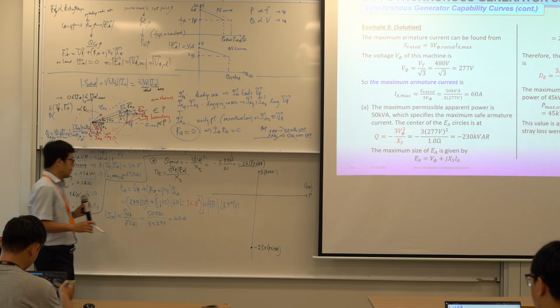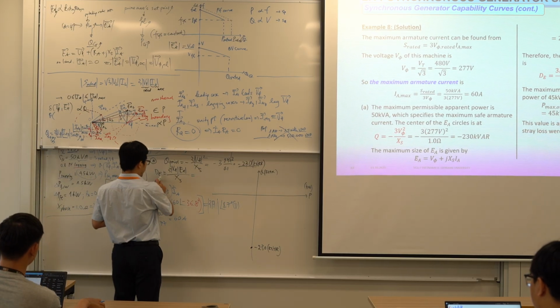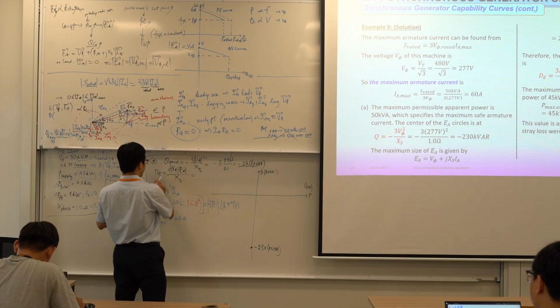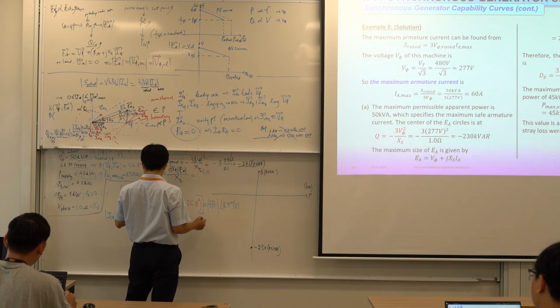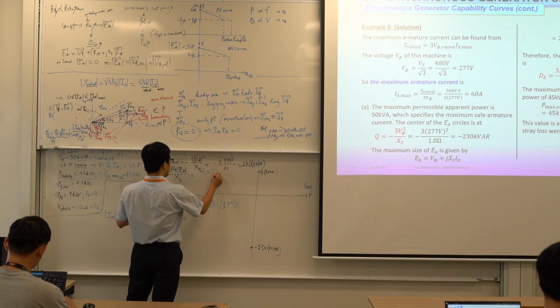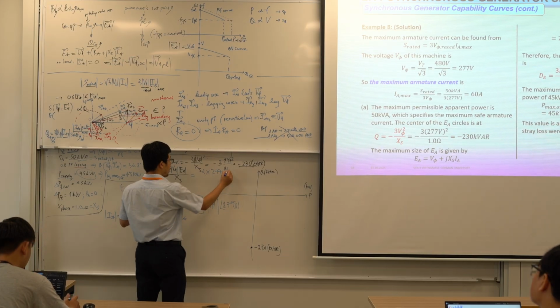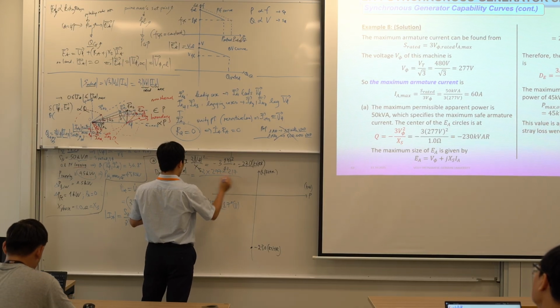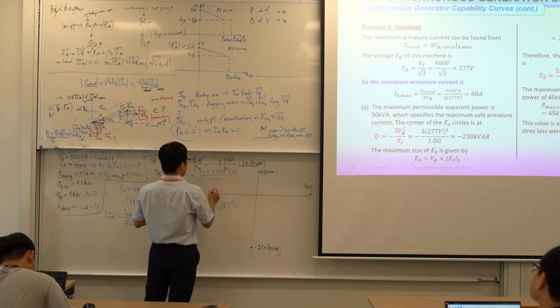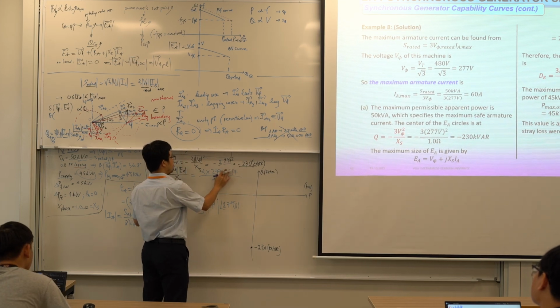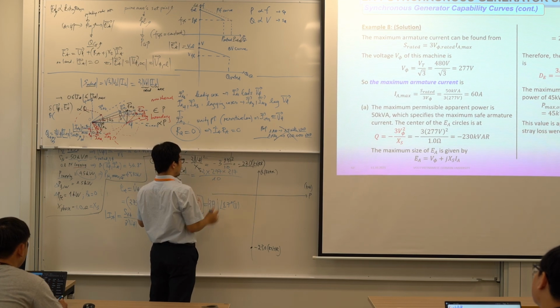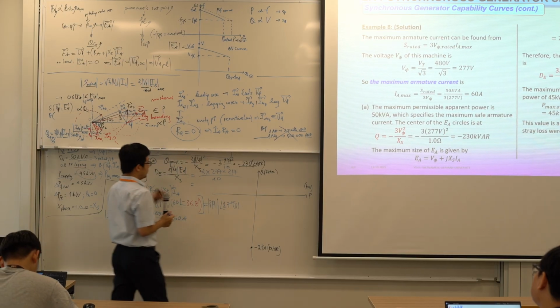Okay, now we come back to calculate. You get 3 V phase, how many? 277, and then EA 317 over 1.0. Oh my God, this one is 1.0. And how many please?